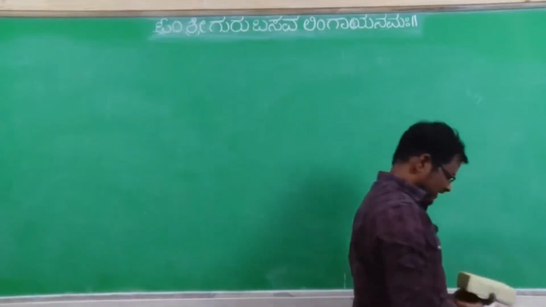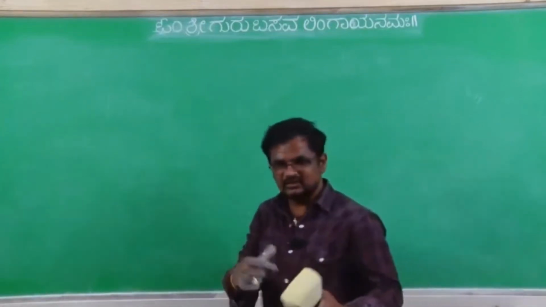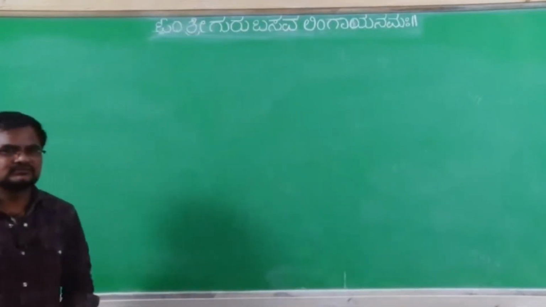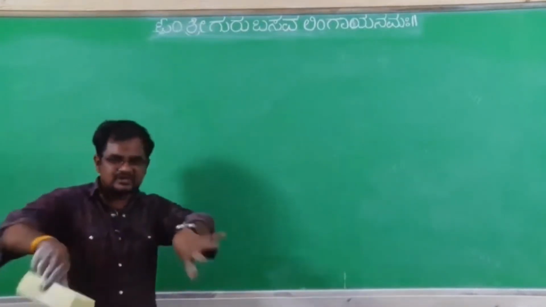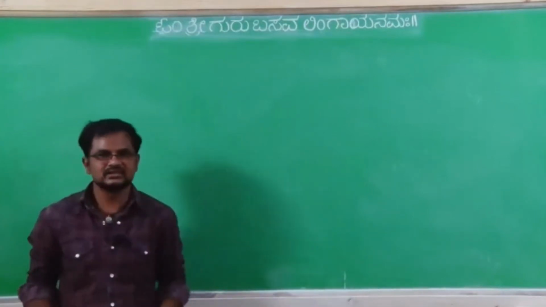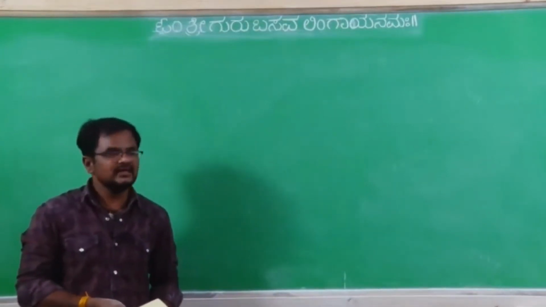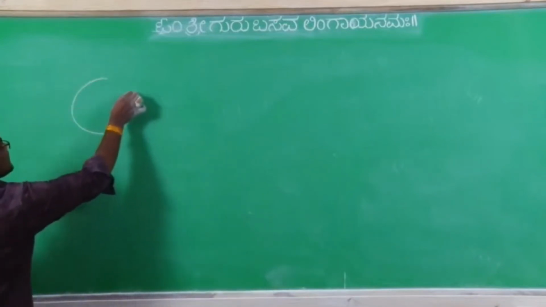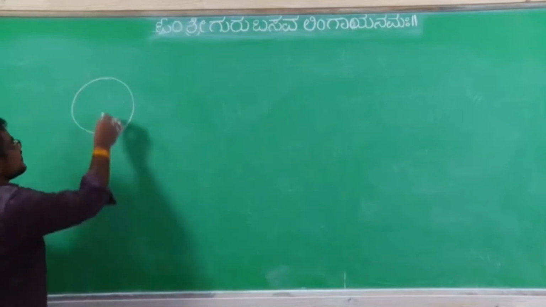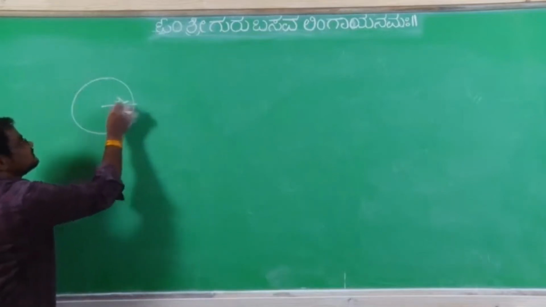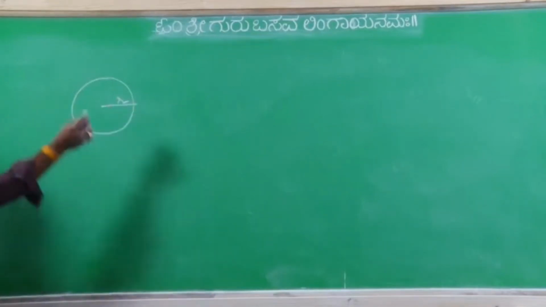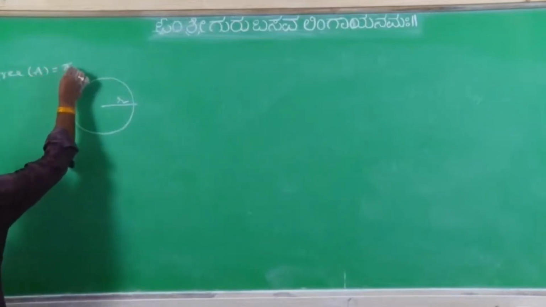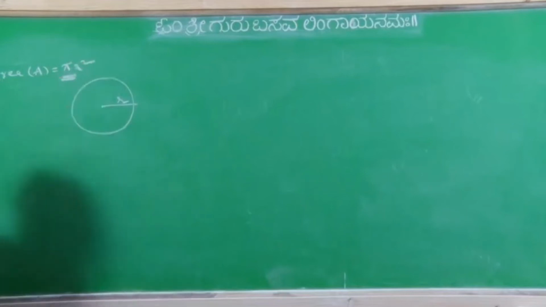Same thing, how rates are measured mathematically while doing the problems, how to observe this, rate of change, a general observation in mathematics. See here, suppose you take a circle with radius r, and the area of the circle is pi r square.